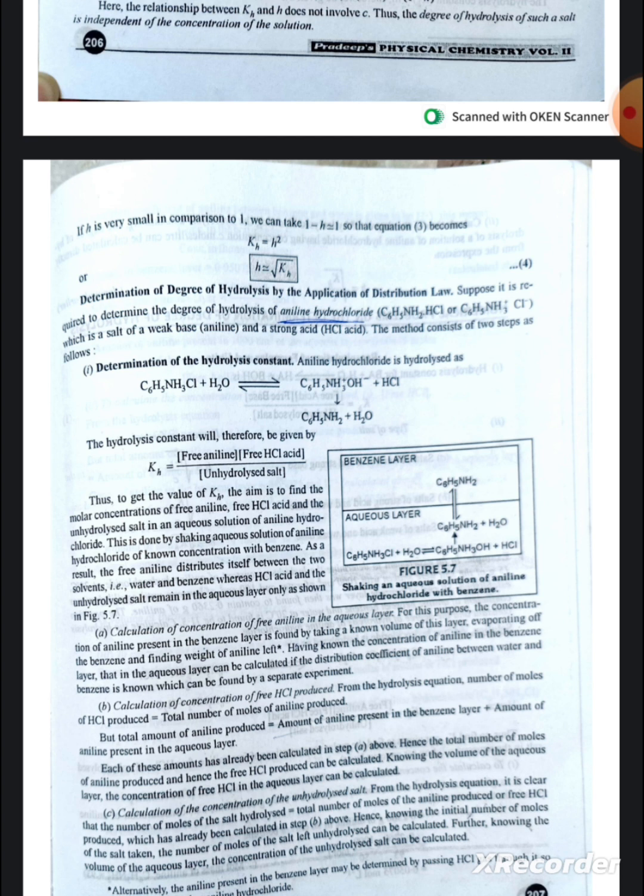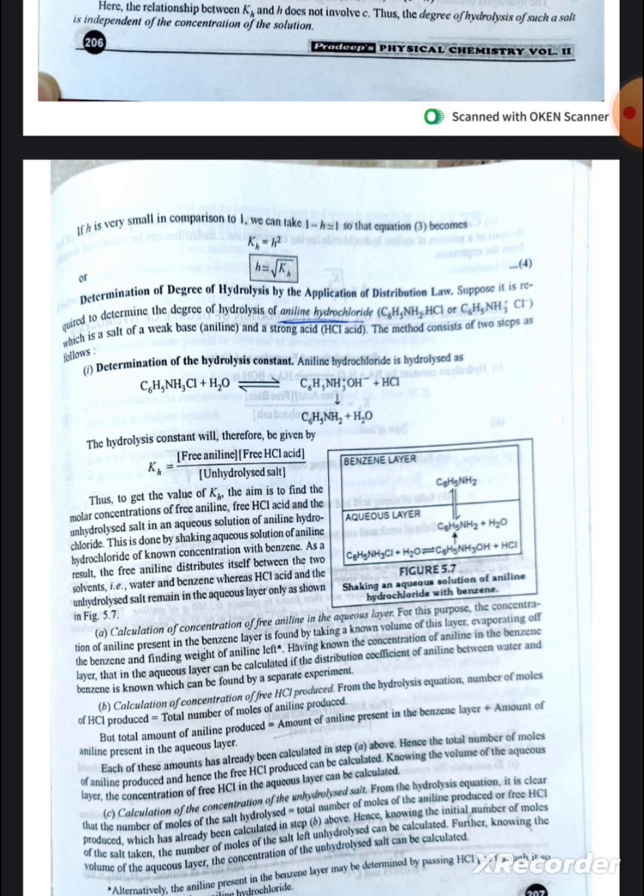The hydrolysis constant will therefore be given by Kh = concentration of free aniline × concentration of free HCl / concentration of unhydrolyzed salt. Thus, to get the value of Kh, the aim is to find the molar concentrations of free aniline, free HCl and the unhydrolyzed salt in an aqueous solution of aniline hydrochloride.